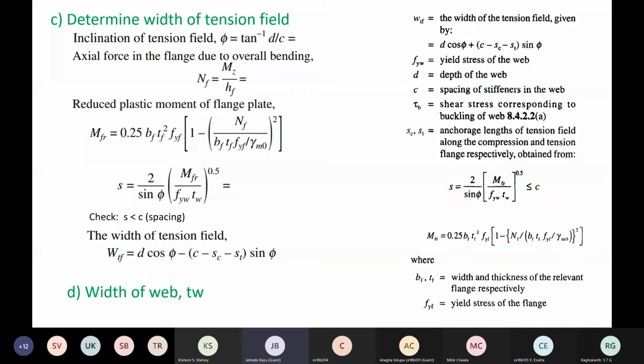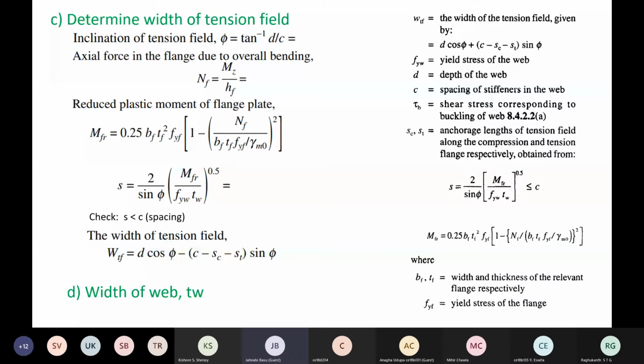Here, you can substitute all the values you have calculated. So BF, you know, that is width of flange. TF is thickness of flange. FYF is 250 MPa. NF you have just calculated. BF you know, TF you know, FYF is 250 again, and gamma M naught is 1.1.